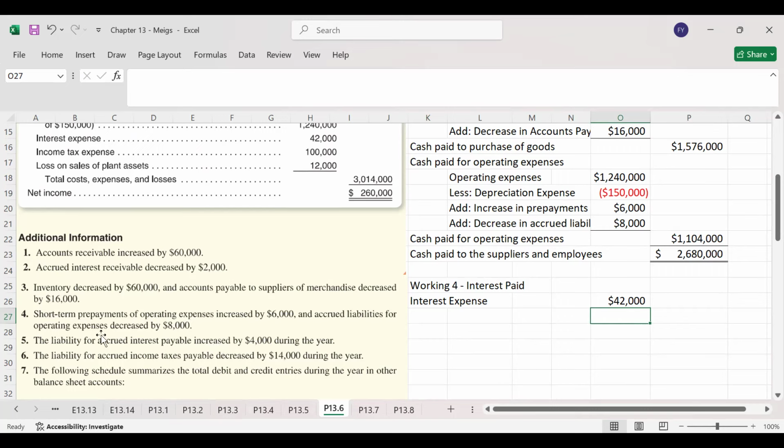You can see that in additional information number 5, the liability of accrued interest payable is increased by $4,000. So whenever there's an increase in accrued interest payable, it means that the portion of interest expense has been recorded but not paid in cash. That's why in order to get cash paid for interest, we simply subtract it from the interest expense.